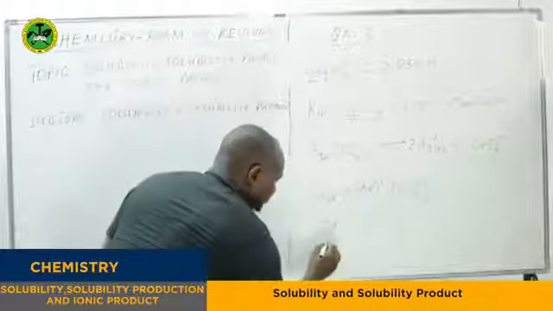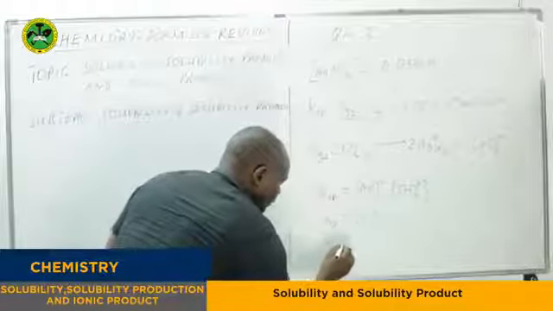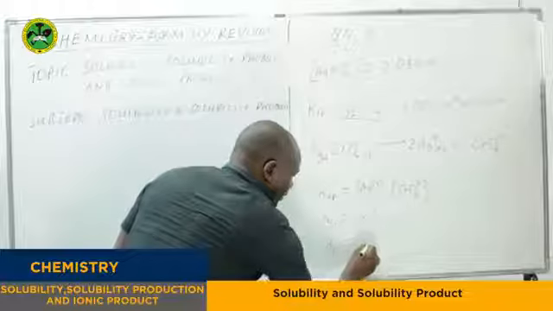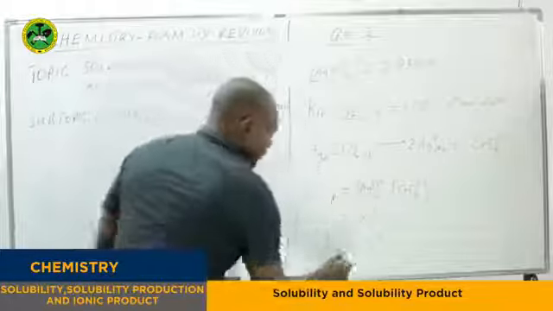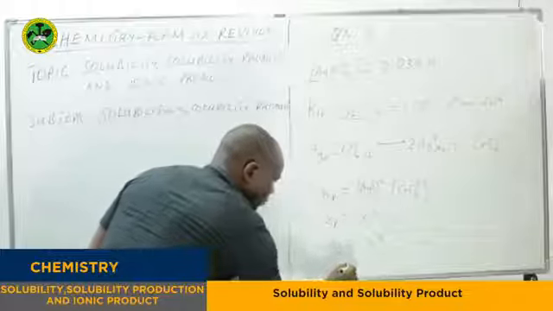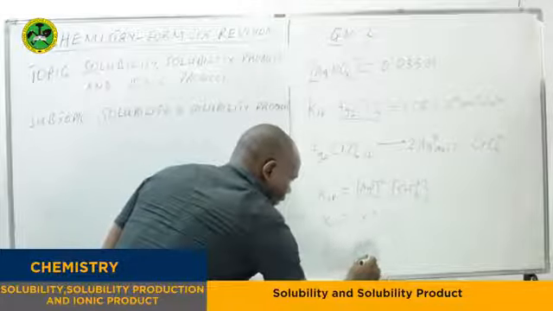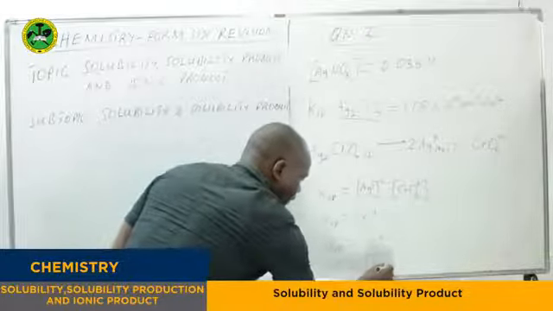So here the Ksp will be equal to X cubed. So X will be equal to the cube root of Ksp.